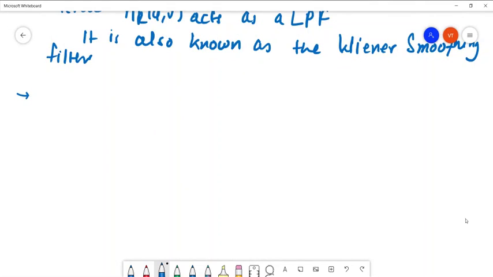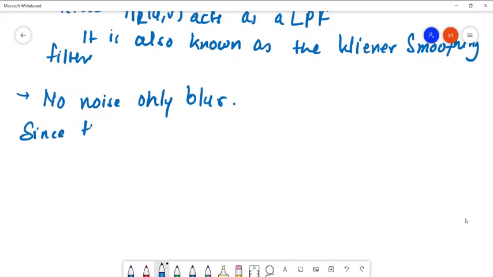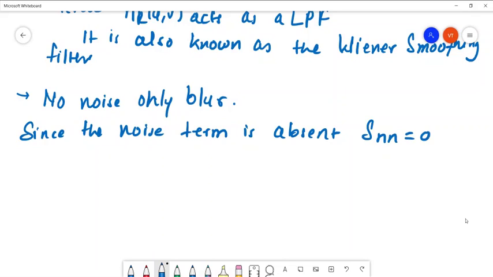Second case, we'll see no noise but only blur is there. Okay, so only blur is there, the noise component is not there. So since the noise term is absent, Snn will be equal to 0.